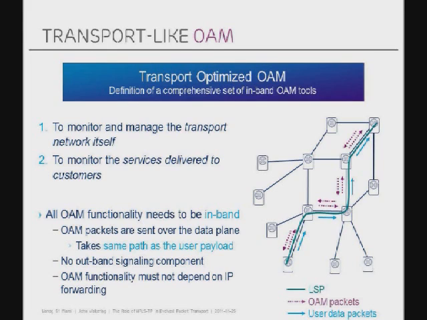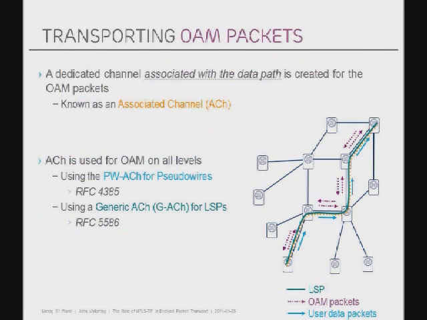And that is very important because with this you can get very good service level agreements on the services itself. How is that done? That's done by associating the data path with the OAM packets, and that's known as the associated channel. So inside the LSP, a channel is created that can carry additional information like the OAM traffic, and that's called the associated channel.